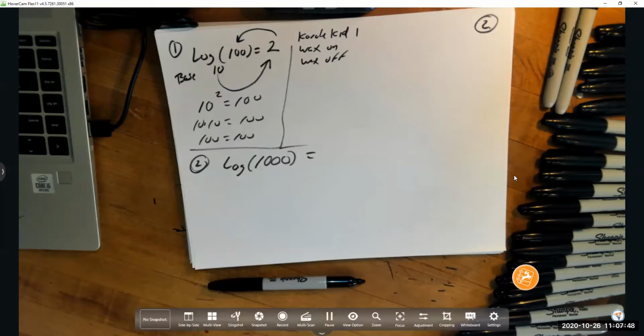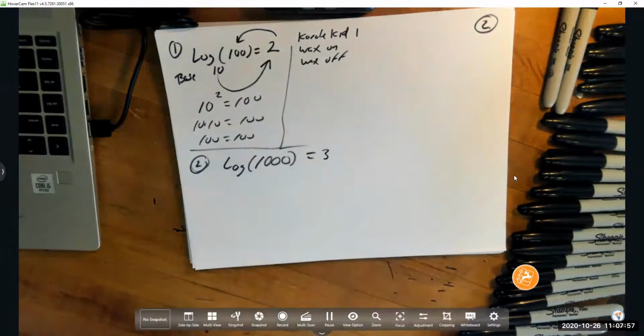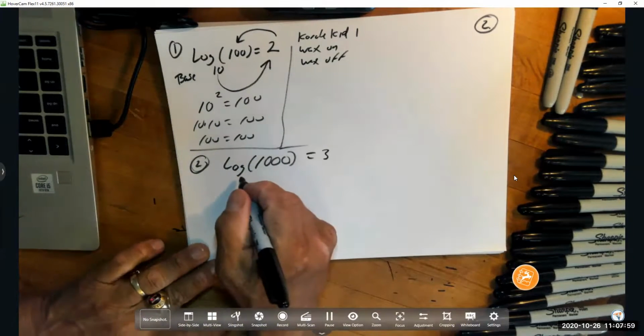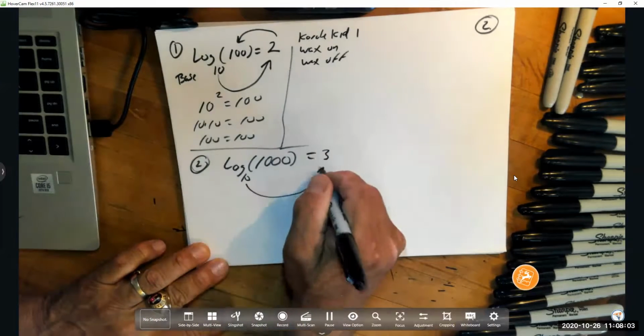Okay. Got my calculator. Good batteries. I got 3. Is that what y'all get? 3? Yes or no? Yes. Because it's going to say this number to this power is this answer.